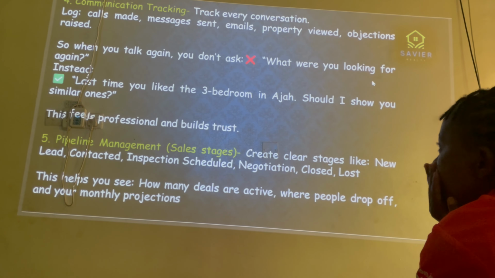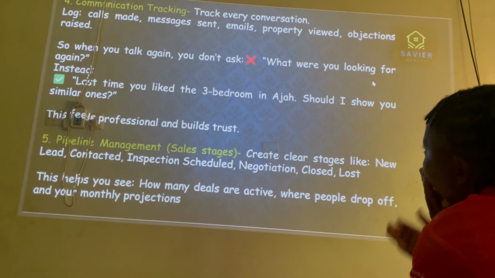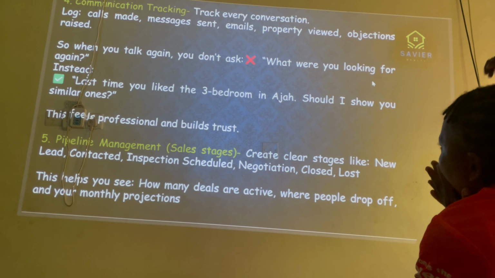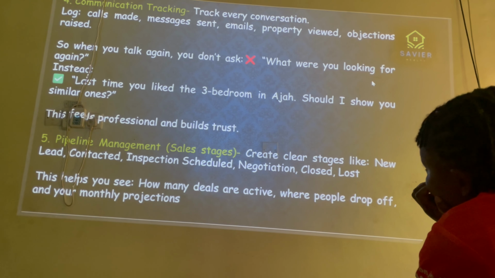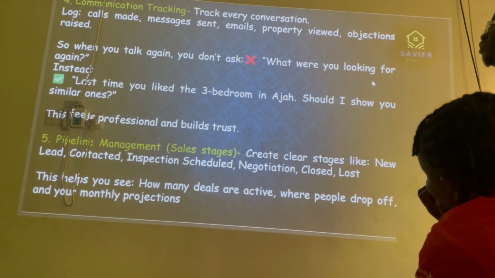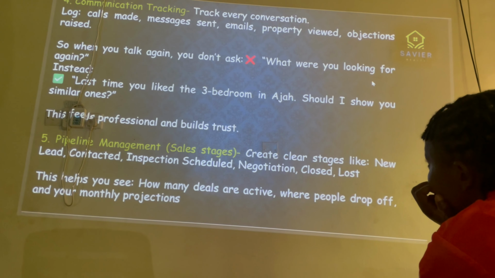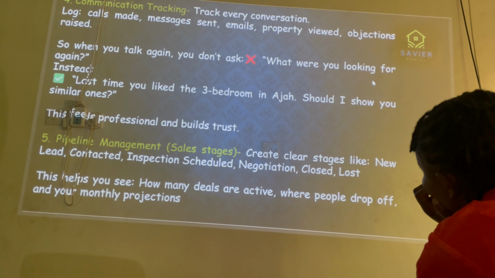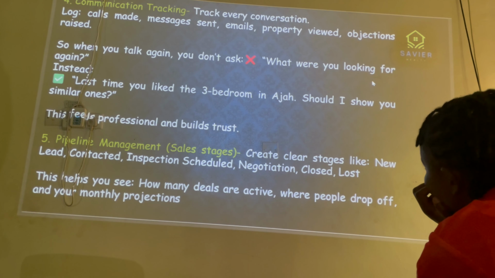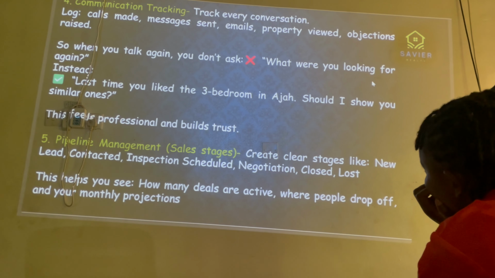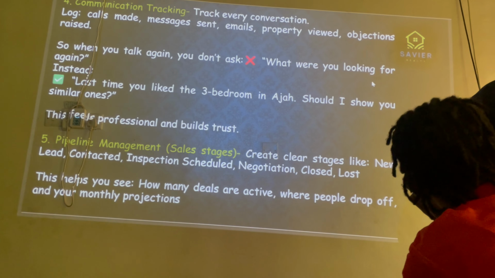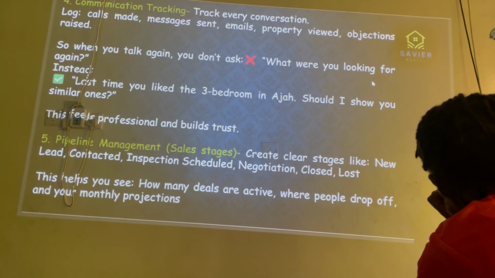Another one is communication tracking. Track every conversation. Log calls made, messages sent, emails, property views, objections raised. So when you talk again, you don't ask, what were you looking for again? Someone you have been speaking to calls you and you don't know the last thing you spoke about.